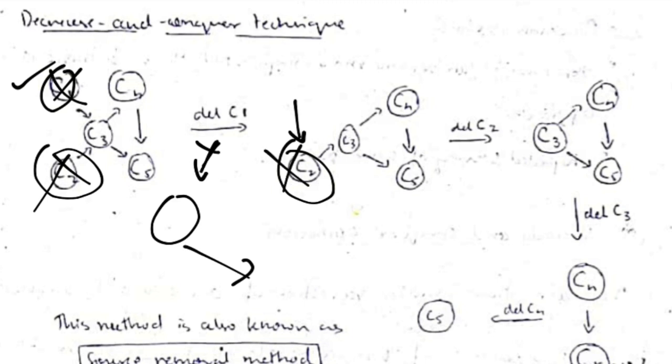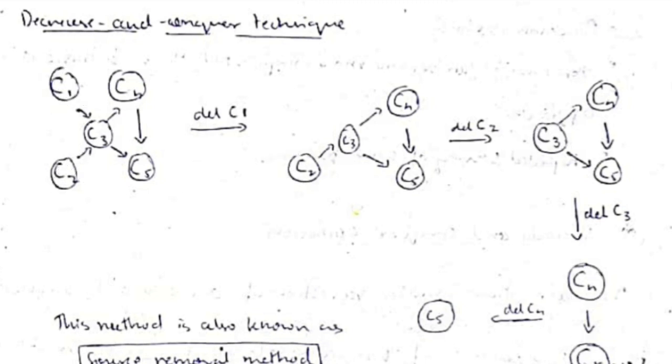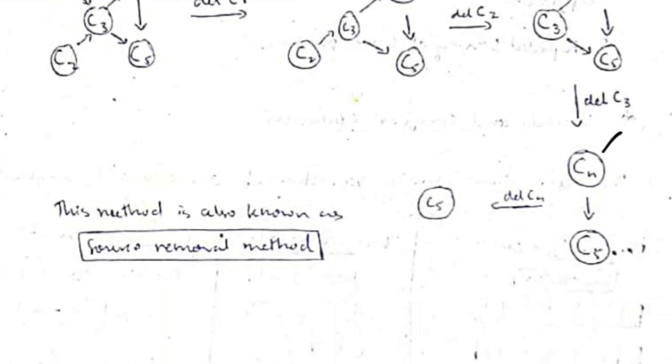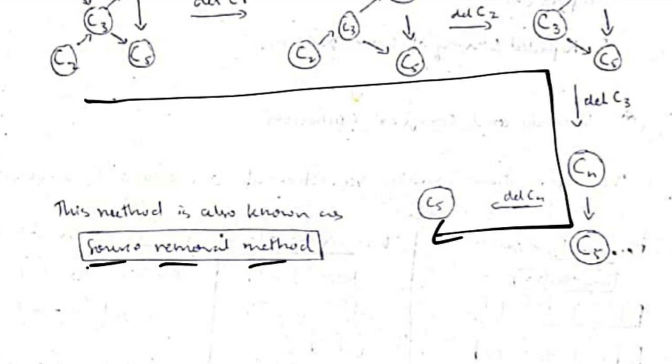Remove the source node C2, and you will have C3 here. Remove C3 also, and at that time you will have C4 and C5. Among C4 and C5, the source node is C4. When you remove C4, you will be left with C5. So the order in which we remove the nodes will give us the topological order solution. This is also known as the source removal method.